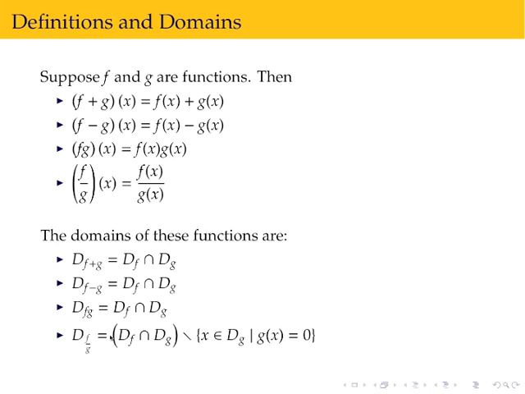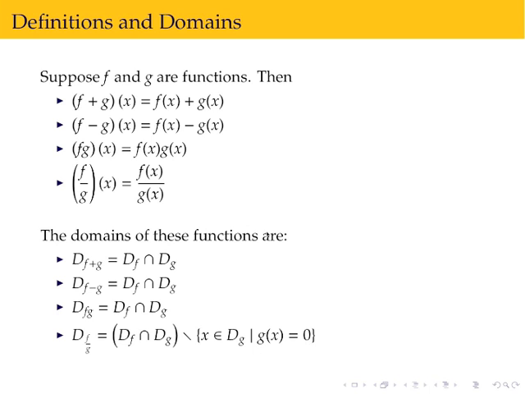You start with the intersection of the domains of f and g, and then you have to, remember this is our set subtraction symbol, throw away anything in the domain of g where g of x is 0.